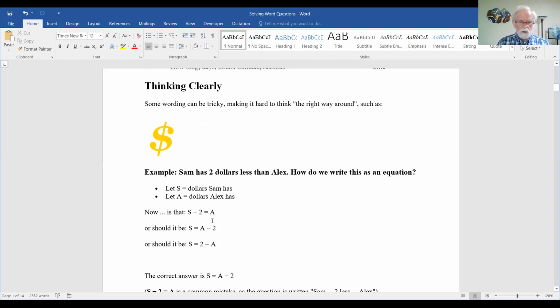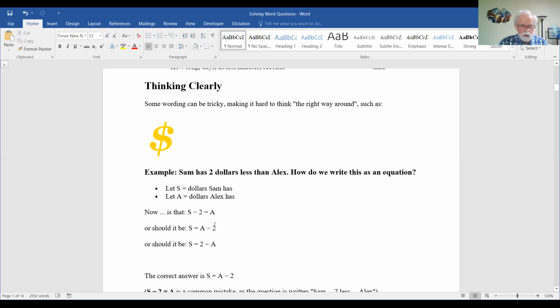How do we write this as an equation? If S is the dollars Sam has and A is the dollars Alex has, we know that S minus 2 equals A. So $2 less than Alex. No, sorry, Sam is going to have $2 less than Alex.